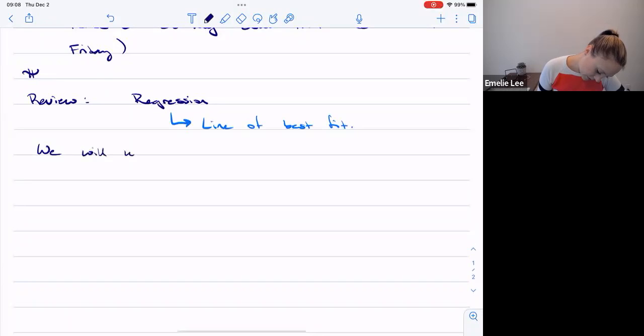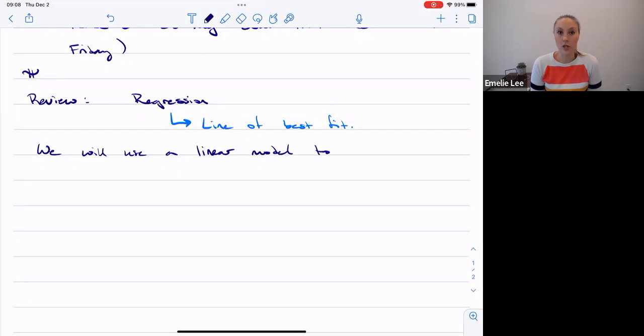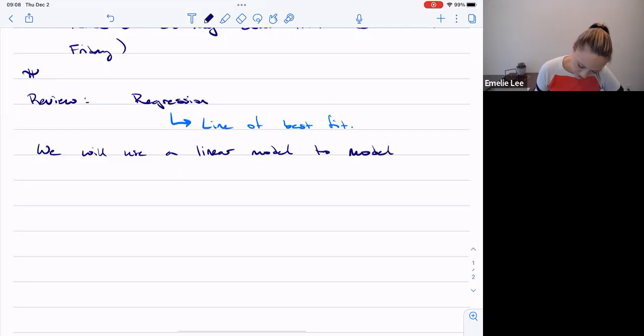We will use a linear model to model a straight line relationship.